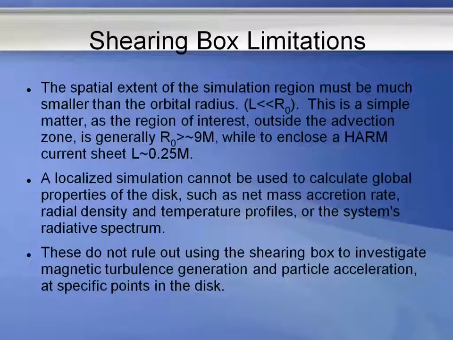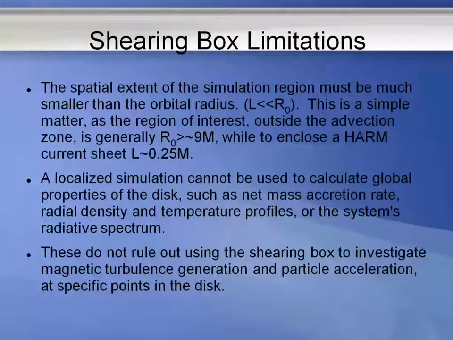There are a number of limitations to the shearing box approximation. I won't get too much in depth with them because they're not pertinent for our situation, but just to show that we've covered them. You don't want the spatial extent of the simulation box itself to approach the radius that you are saying it's orbiting at. That makes sense because we're trying to keep this a localized simulation.